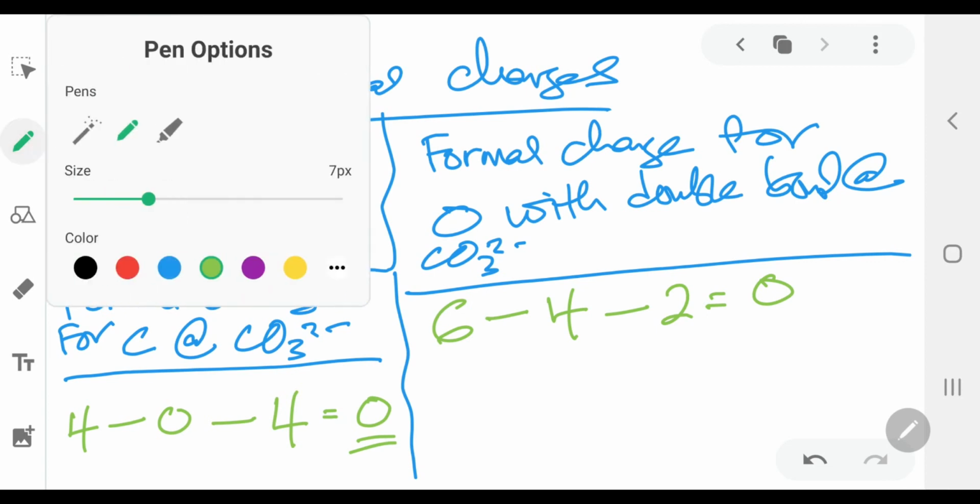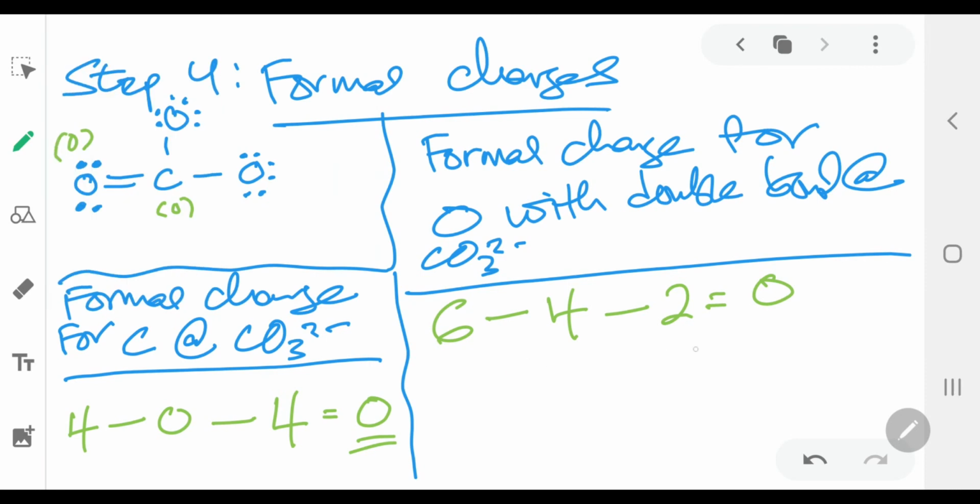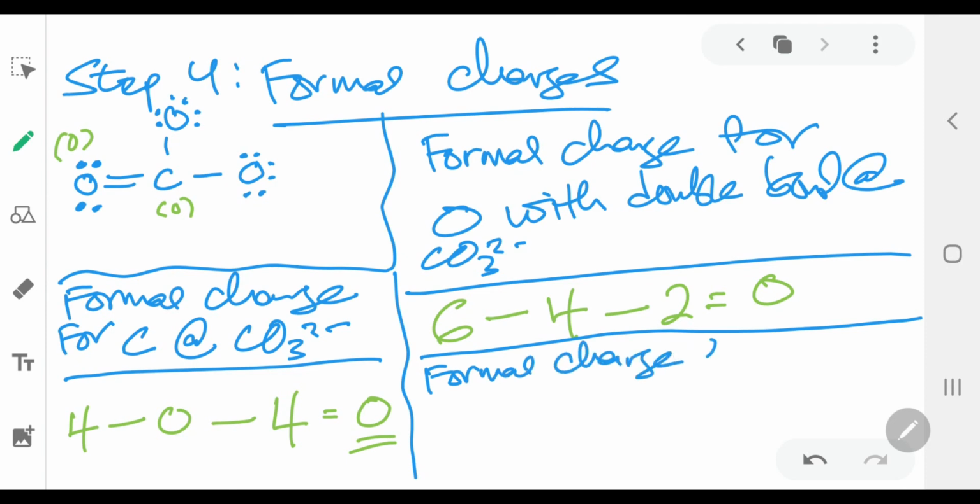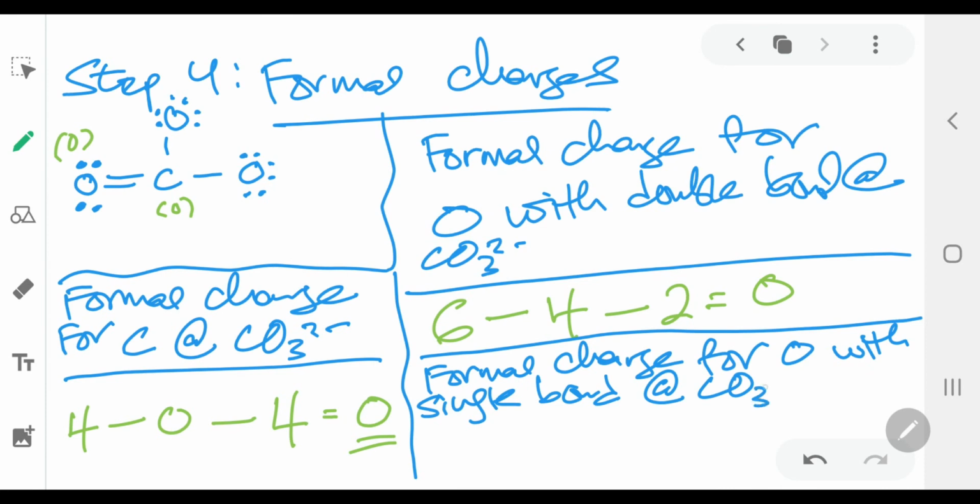Okay, so what about the formal charge for oxygen with single bond in CO32 minus?